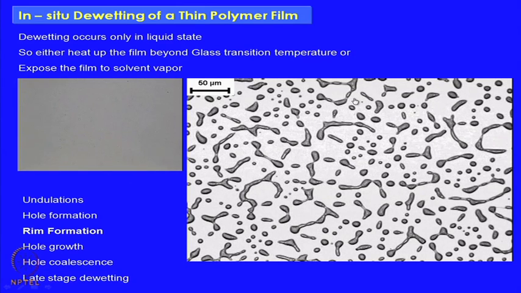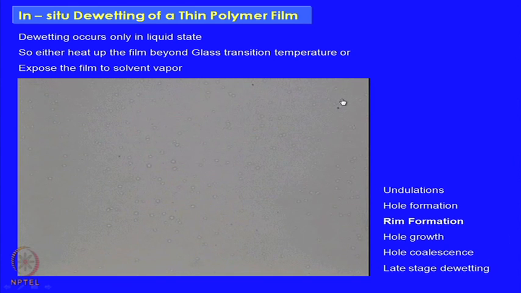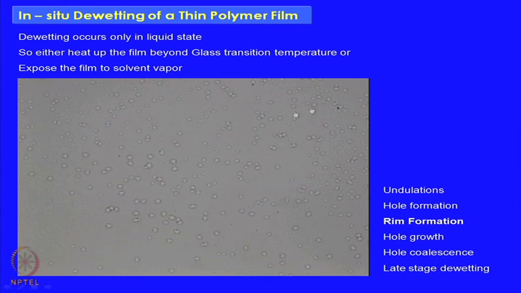But let us say I decide that I do not want my film to dewet completely, and I want a holey template. I want a film which has some holes, on which I would like to grow something. I have the advantage of stopping this process right here, and how does one do that?